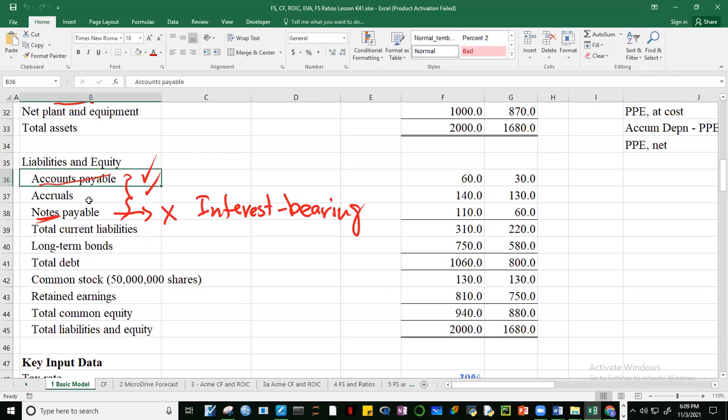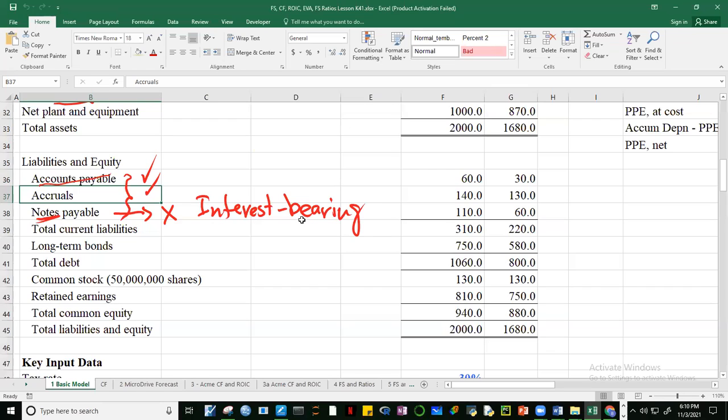Also accruals. These are expenses that have already been incurred but not yet paid. For example, electricity or utilities like water, telephone. These are expenditures used in the course of the operations of the business. That's why they're called accruals. The only one that should not be included is notes payable because this is interest bearing.